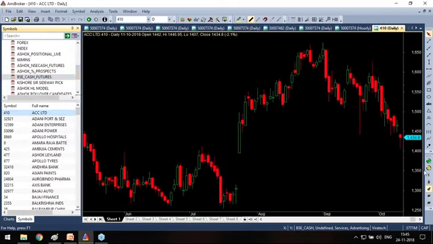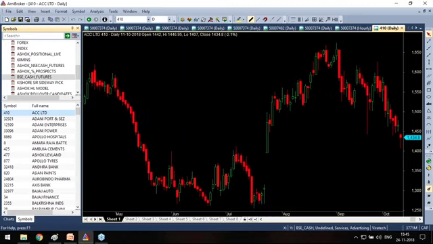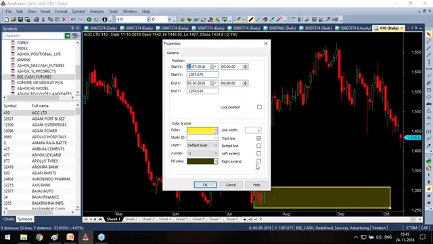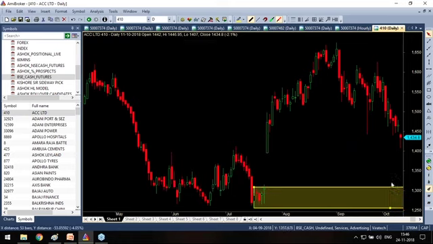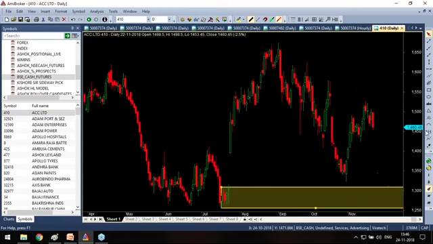Okay, friends, now this is a zone, yes or no? This is a zone because it is a drop, base, rally.